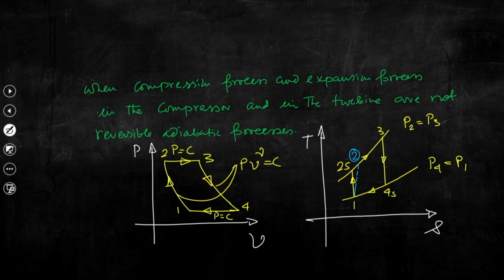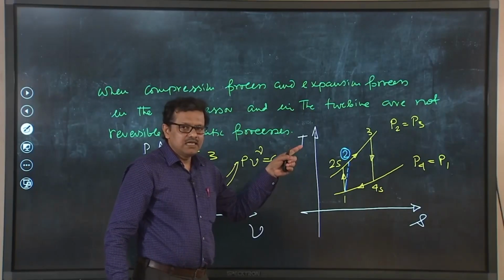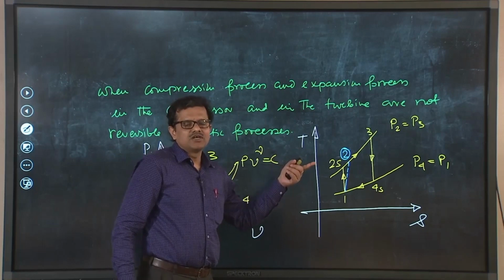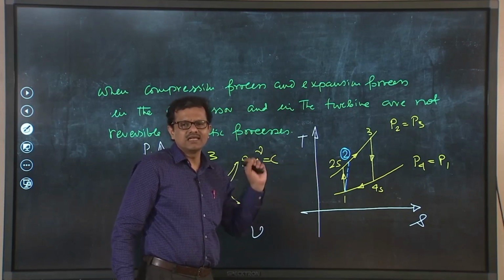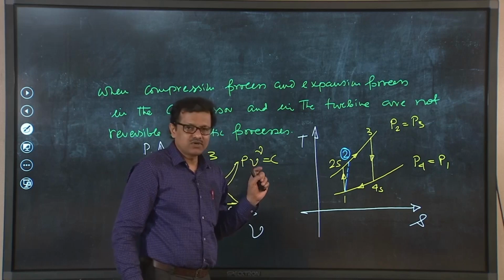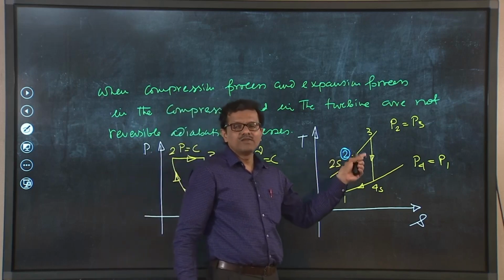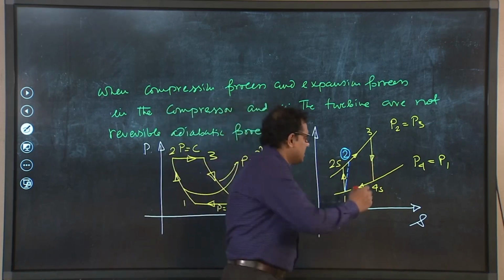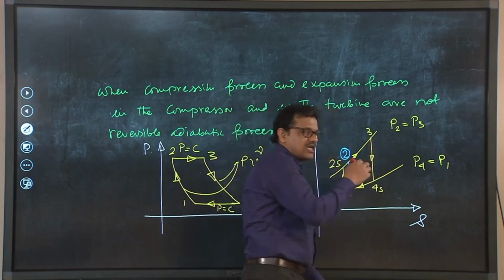Similarly, it can be shown by making use of the second TdS equation that entropy increases in the expansion process.